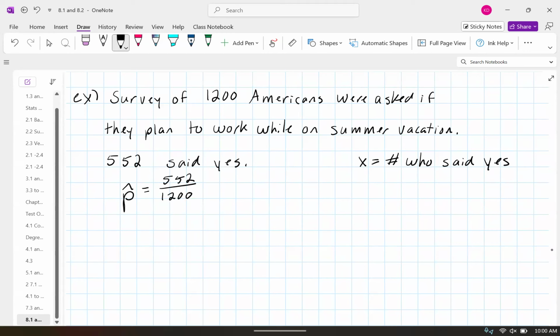And this is a calculator problem if I ever saw one. That gives me 0.46. So sample proportion is one of the easier equations. We divide. Biggest thing is make sure you have the proper numbers and you don't button push the calculator wrong. Pretty straightforward.